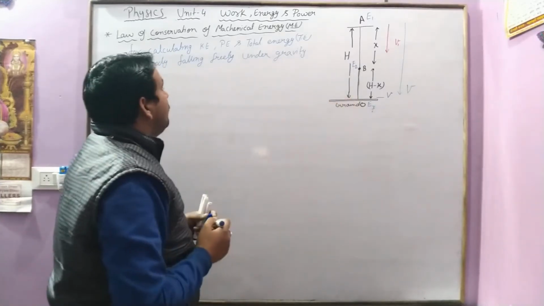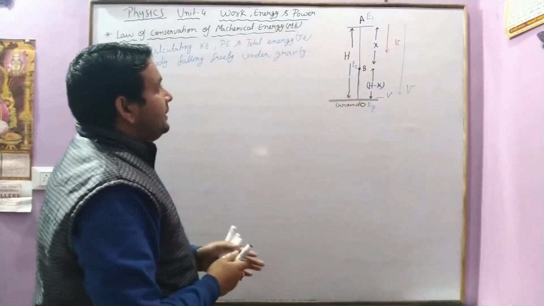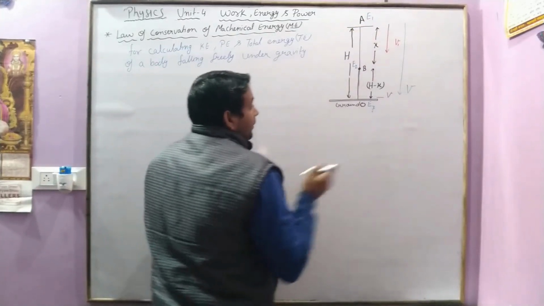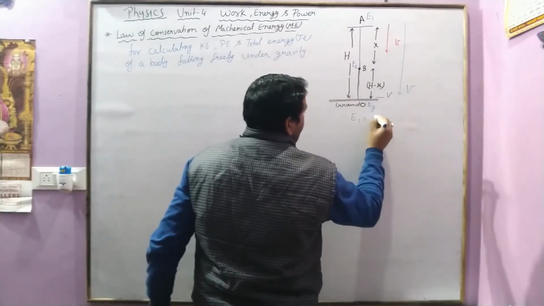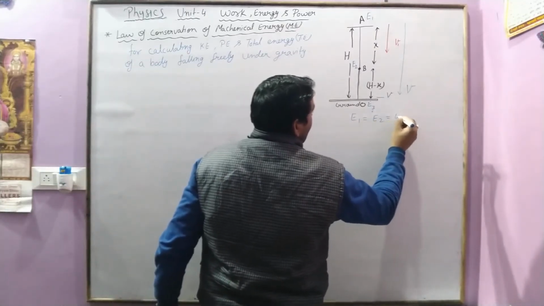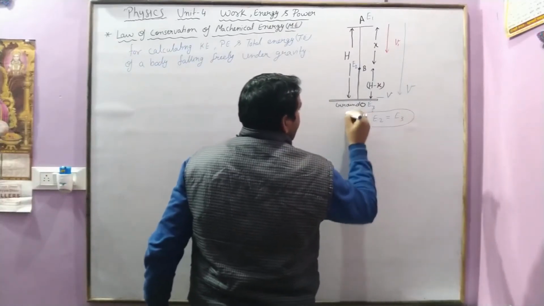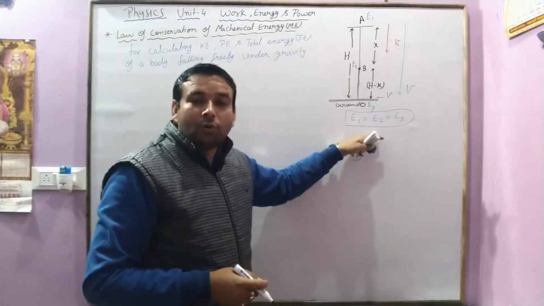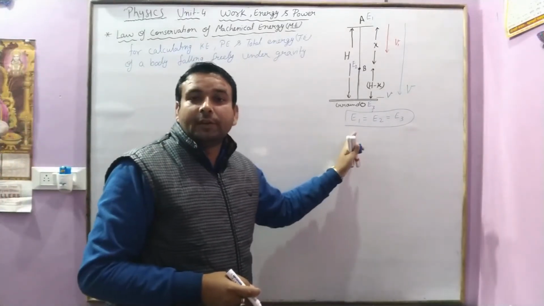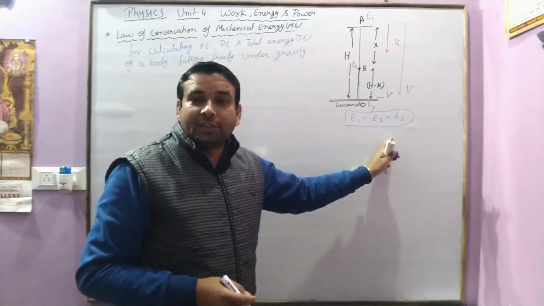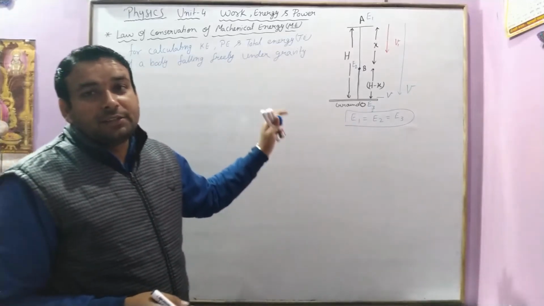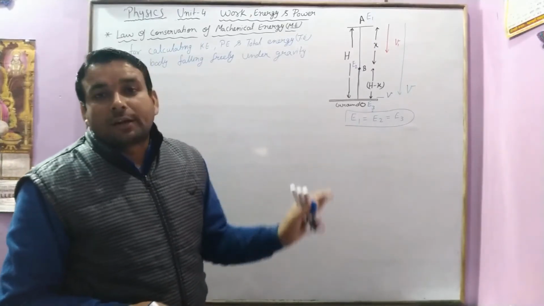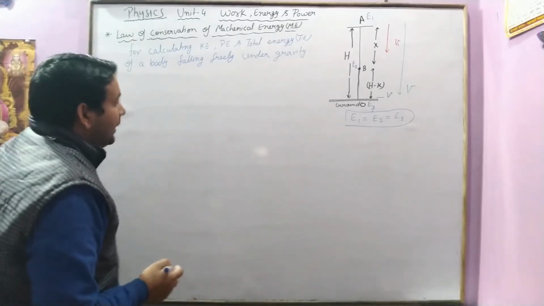For proving this law of conservation of energy, if we calculate that E1 equals E2 equals E3, then we conclude by the relation E1 equals E2 equals E3 that the mechanical energy of a body falling freely under the effect of gravity is conserved. Okay, now we will start.